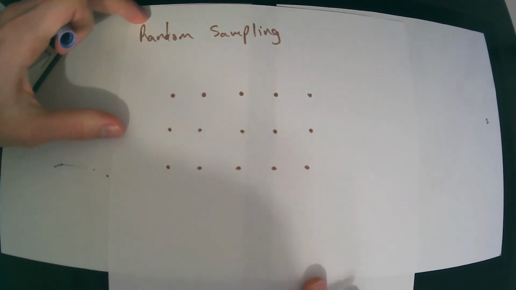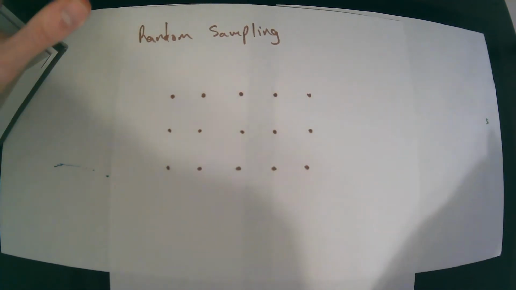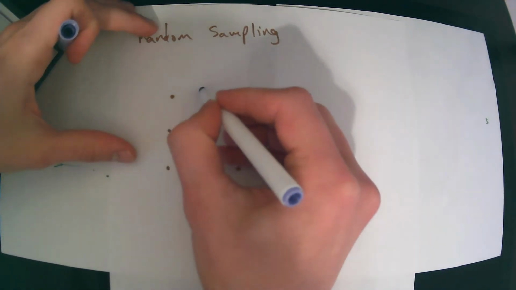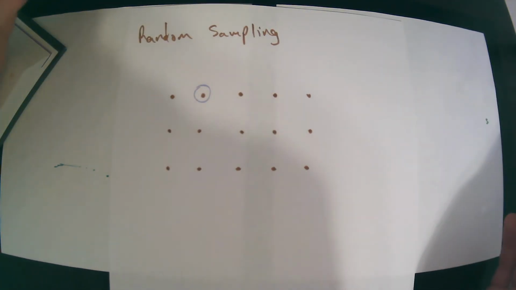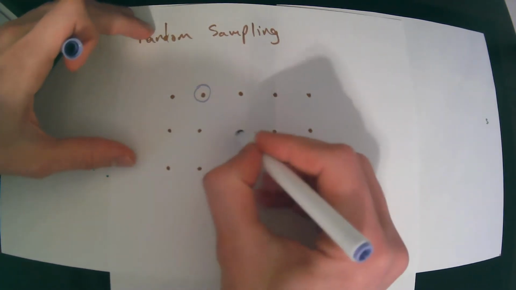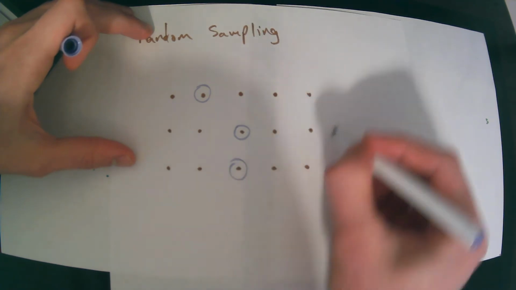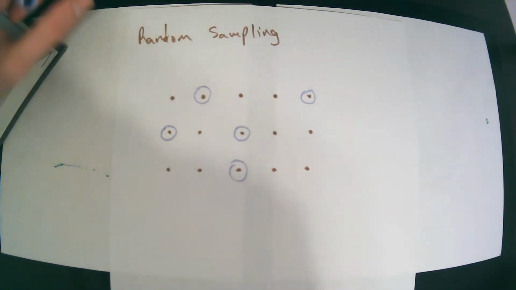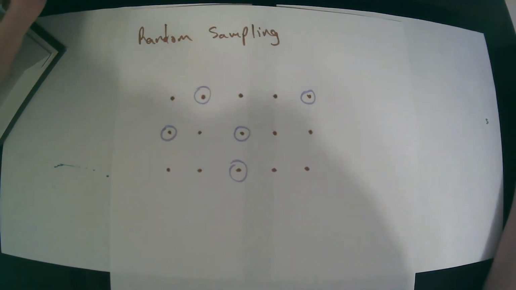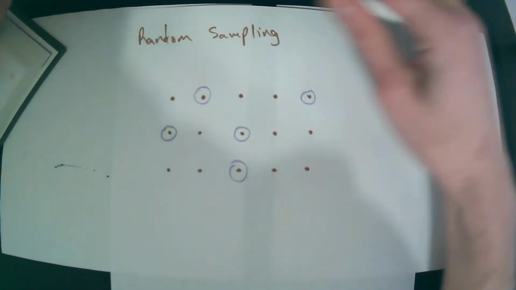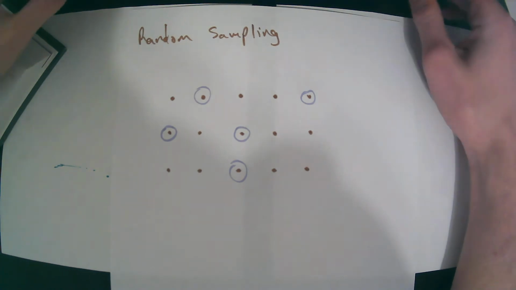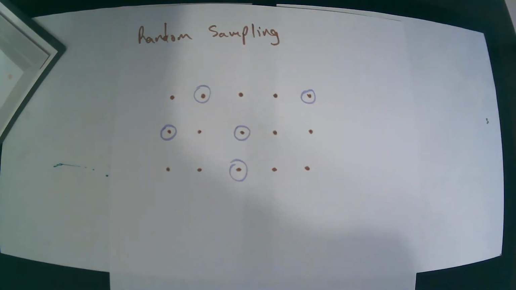A random sampling would be where I say I want to select 5 of these points. I would just do my best to randomly go around and select 5 data points.